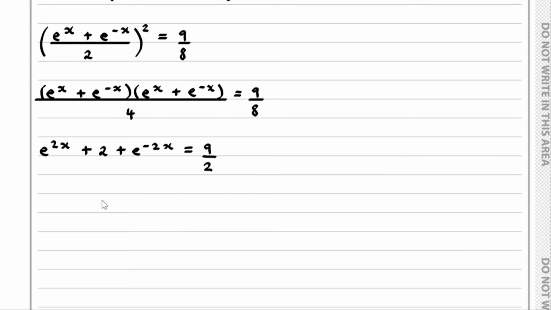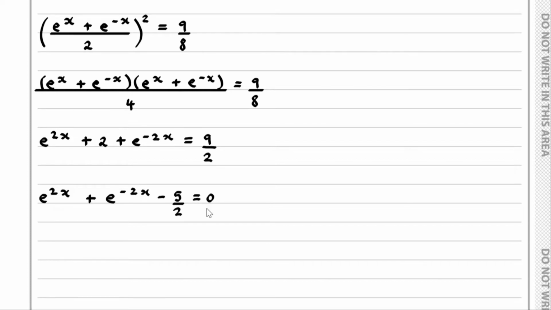And if we take everything over to one side, we have e^(2x) plus e^(-2x) minus 5/2 equals 0.